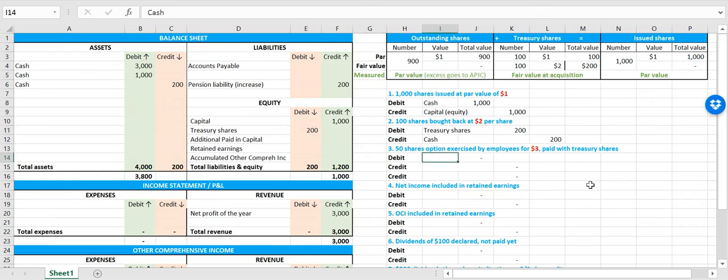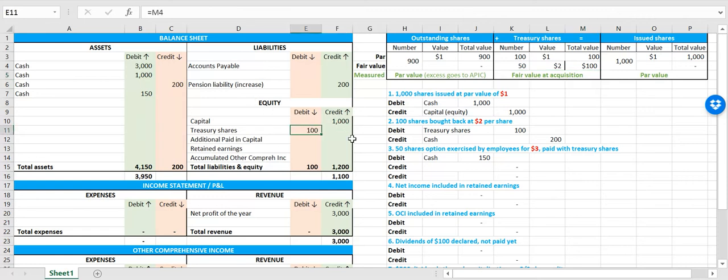What's happening next? Our employees have some options. They're gonna exercise them for $3, right? So we're gonna receive 150 from our employees. They're paying us 50 times $3. What are we giving them in return? We're giving them in return 50 shares. So our amount decreases by 50.